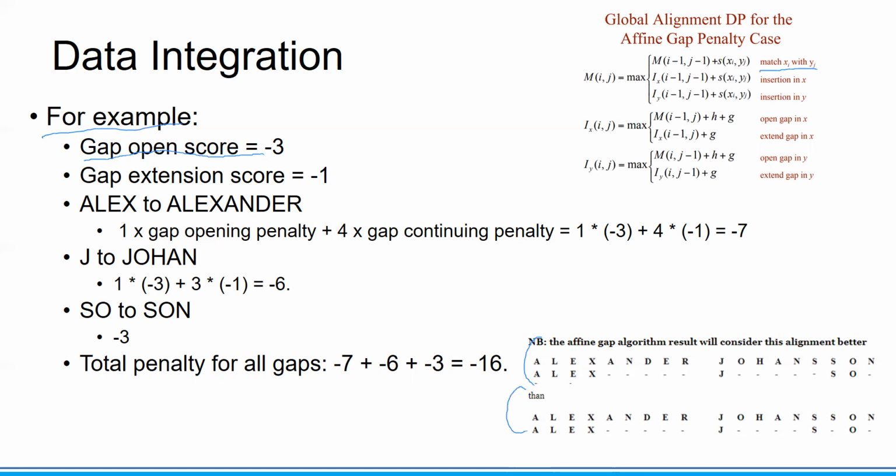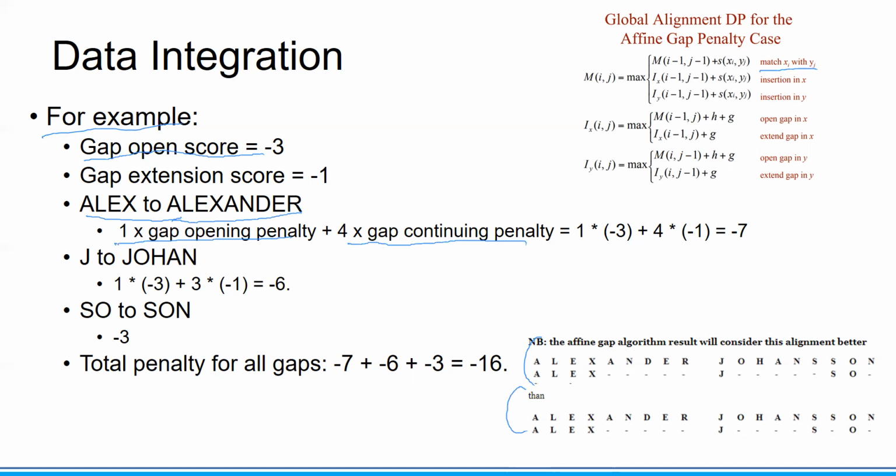You can see this one, Alex to Alexander. What does it mean? We have one gap opening penalty, and 4 multiplied by the gap continuing penalty.